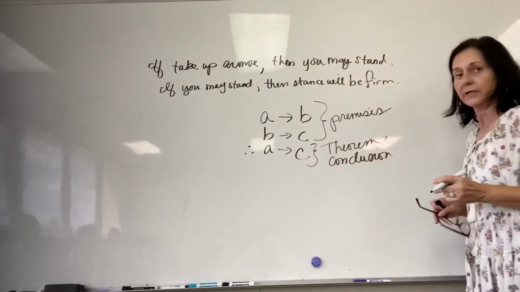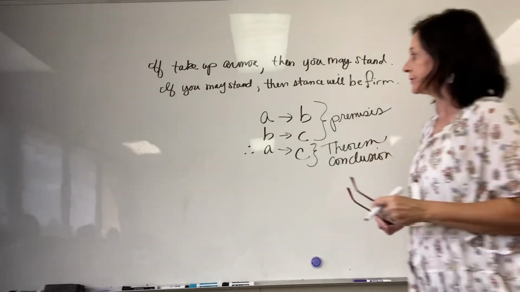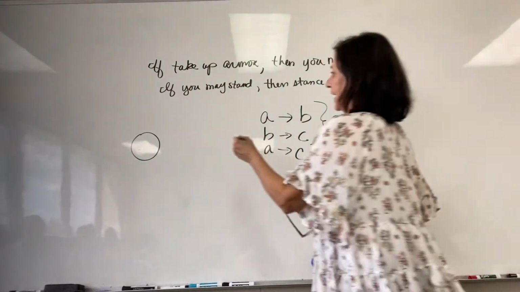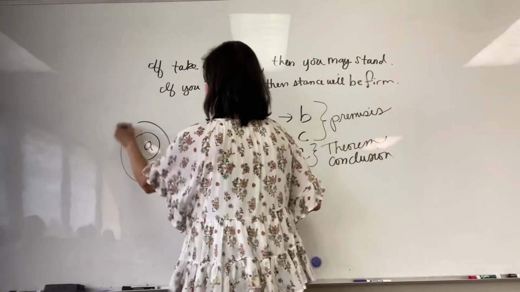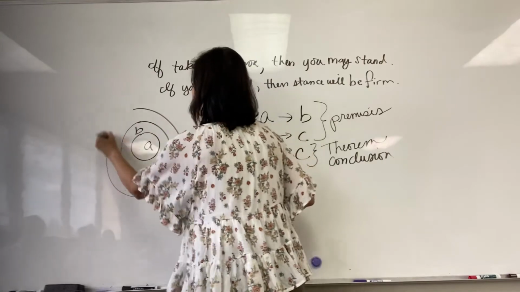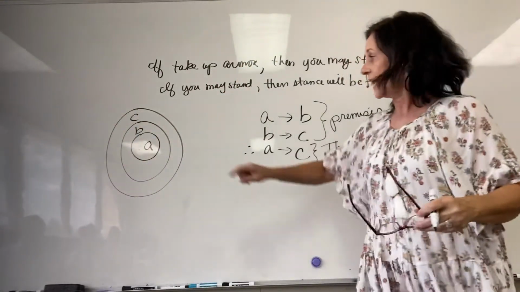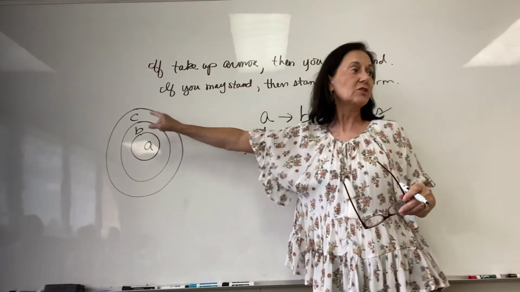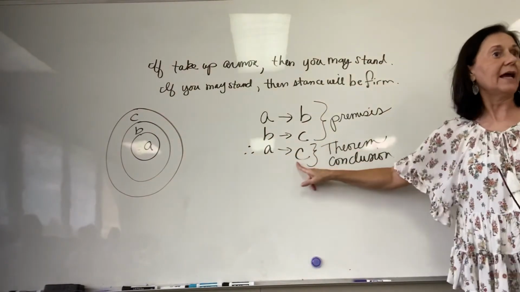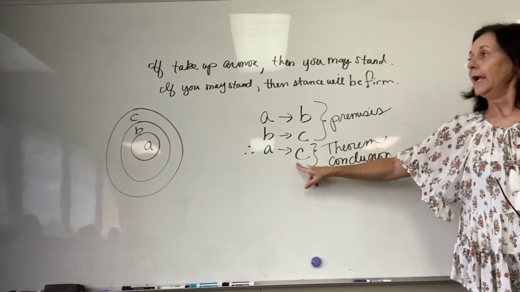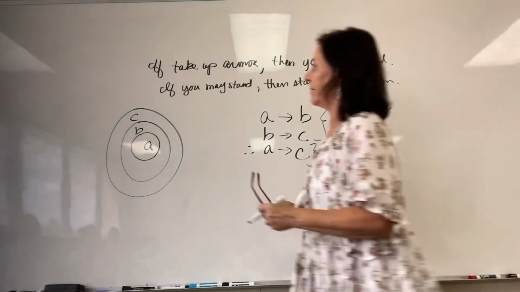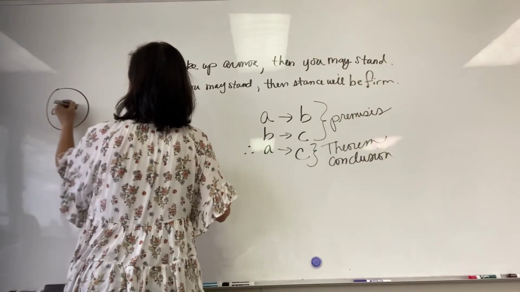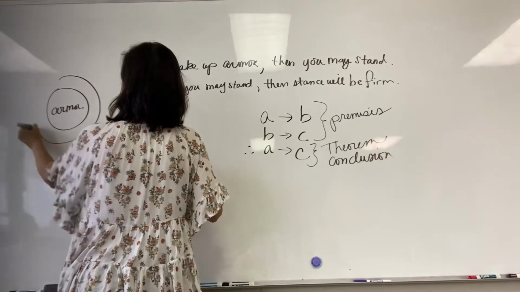The final conclusion. I could draw this as a Euler diagram. A syllogism. So this is a syllogism. I could say if A, then B, and if B, then C, such that all of A is in B and all of B is in C. That's why I can say if I start with A, then I have C. This in a Euler diagram would be, all right, if I take up the armor of God, what may happen?